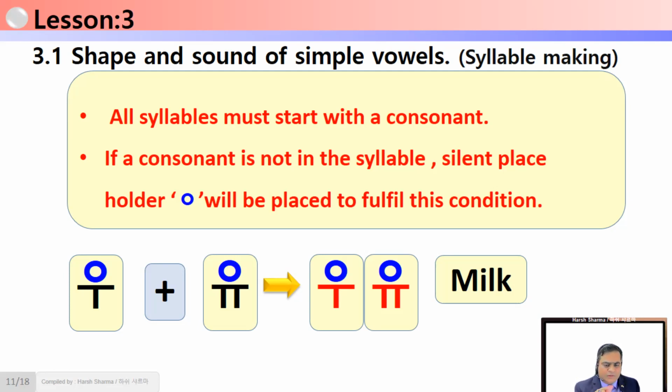This is one of the foundation rules of this language, Yoruban. We have to put one circle. That circle will act as a silent consonant, a silent placeholder. Book by book, there are different terms, but the meaning is this. This is the reason the spelling of uyu without this circle is wrong.